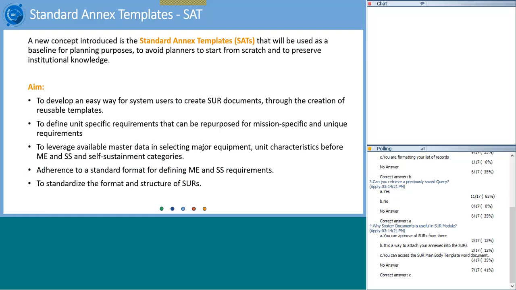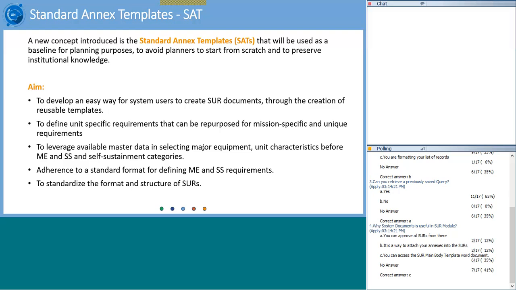So instead of having to start every single SUR from zero, the SAT will be there to help us, and we will see how and why this is a very useful tool. The aim of the SAT is to develop an easy way for the system users to create SUR documents through the creation of a reusable template.